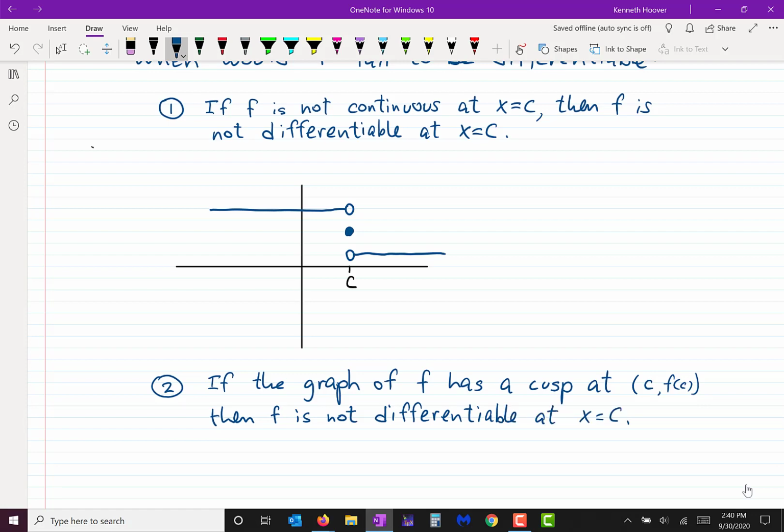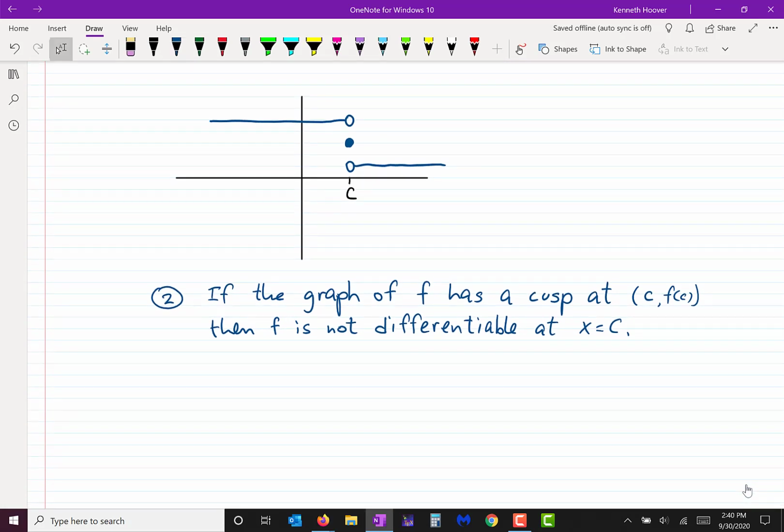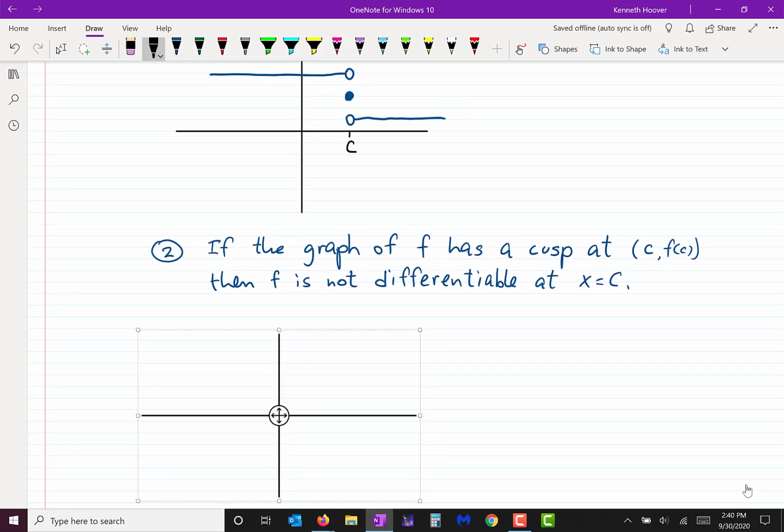A cusp is a sharp point. So let me draw a picture for you here. Okay, suppose f looks like this, maybe. And there's the point right there, c, f of c.